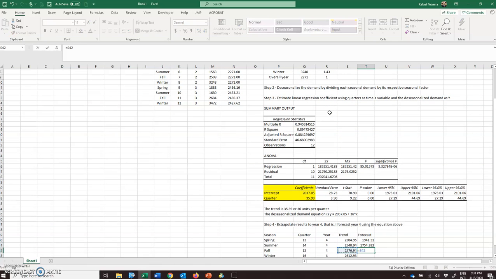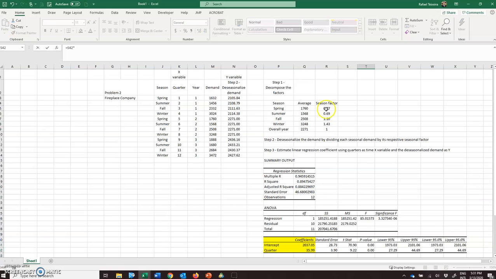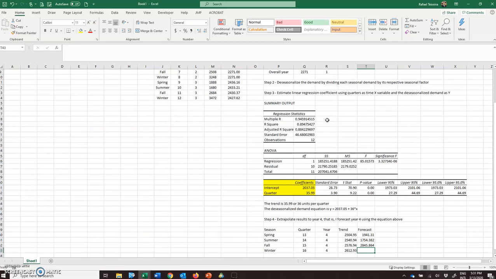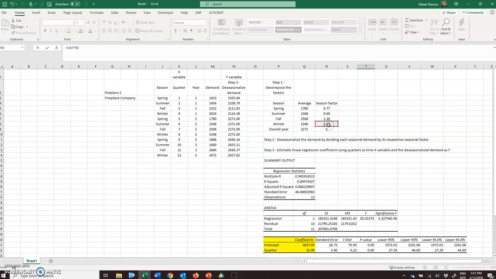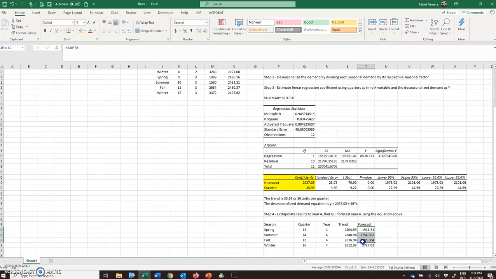And we do the same thing for the other two. And now this is the forecast. This is the final forecast with trend and seasons taken into account.